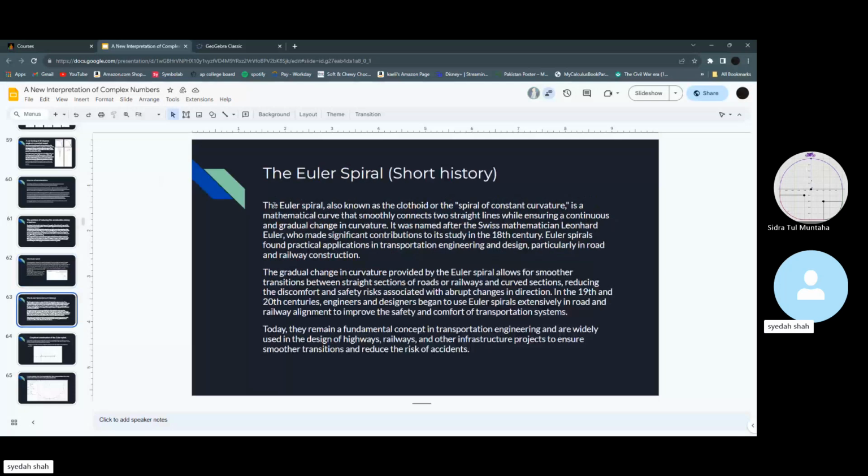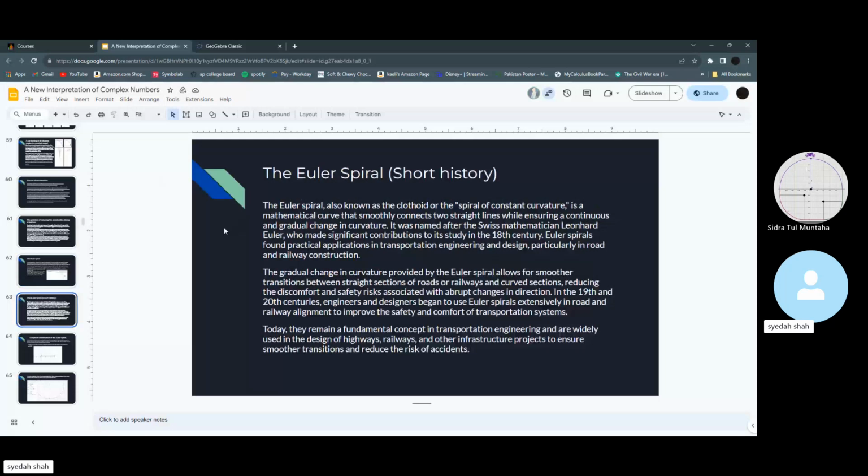Okay. The Euler spiral, short history. The Euler spiral, also known as the clothoid or the spiral of constant curvature, is a mathematical curve that smoothly connects two straight lines while ensuring a continuous and gradual change in curvature. It was named after the Swiss mathematician Leonhard Euler, who made significant contributions to the study in the 18th century.